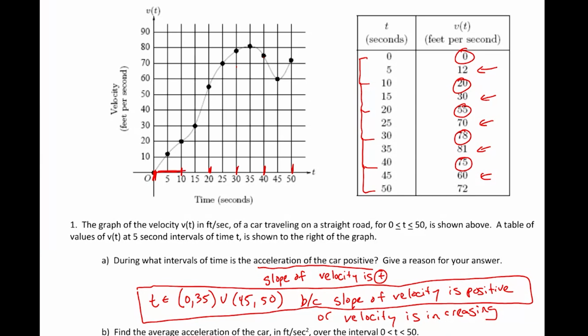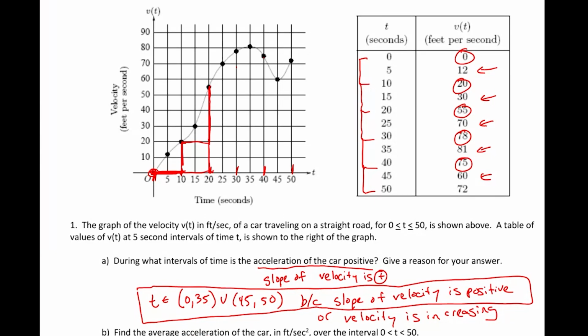So the first one's just going to have a height of 0. Okay, this point right here is at 0. The second rectangle is going to have a height of 20. The third rectangle is going to have a height of 55. The fourth rectangle will have a height of 78.